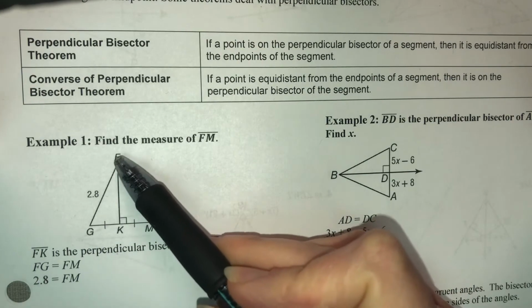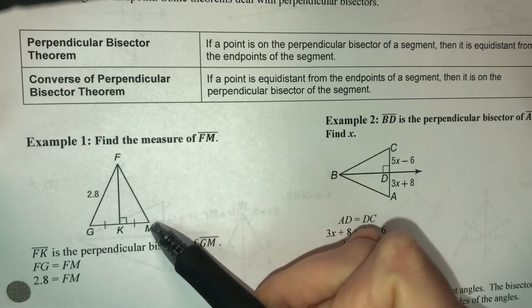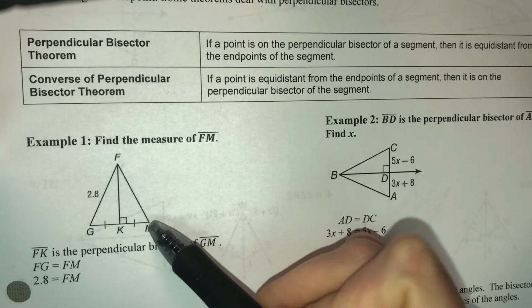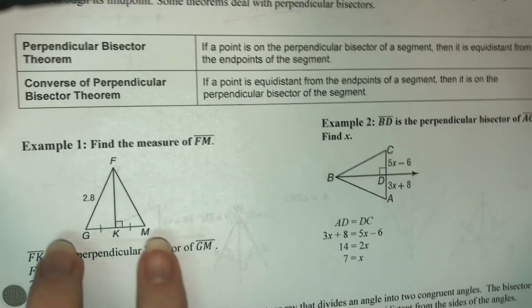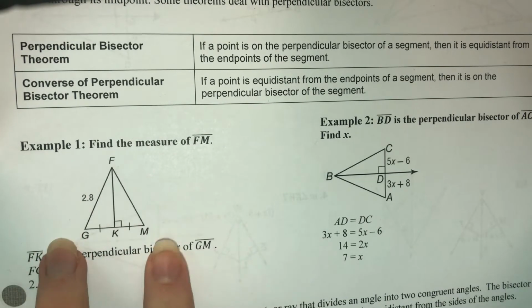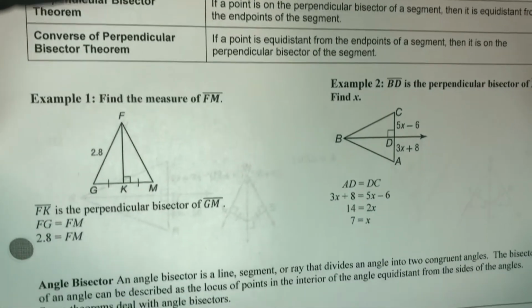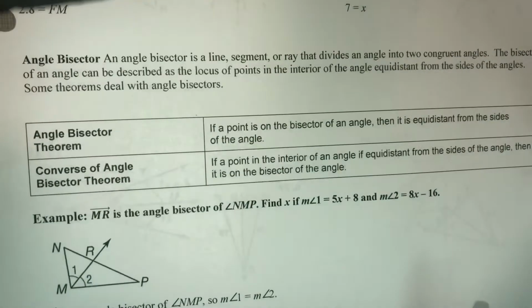So the distance from F to G will be the same as the distance from F to M. And if you know that a point is equidistant from both endpoints of the segment, you know that it has to be on this perpendicular bisector. So we'll look at some example problems of that in just a moment.